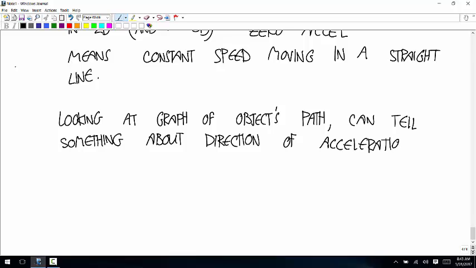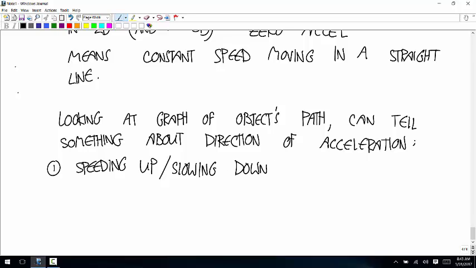Okay, so I'm going to break this up into two pieces. The first one is whether the object is speeding up or slowing down. That affects the part of the acceleration that's parallel to the velocity vector.